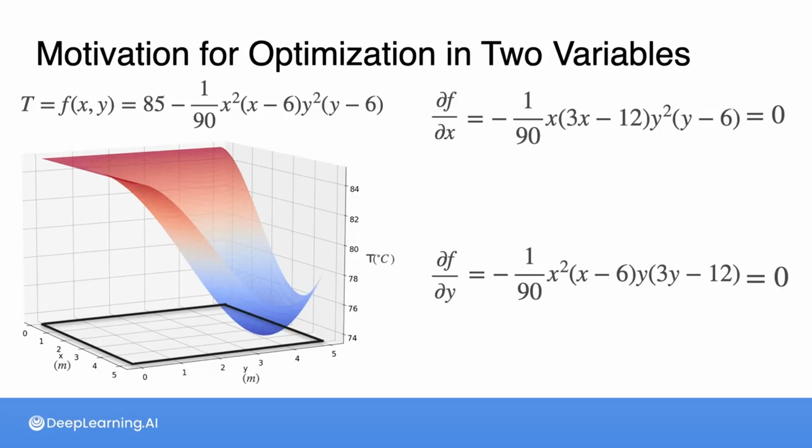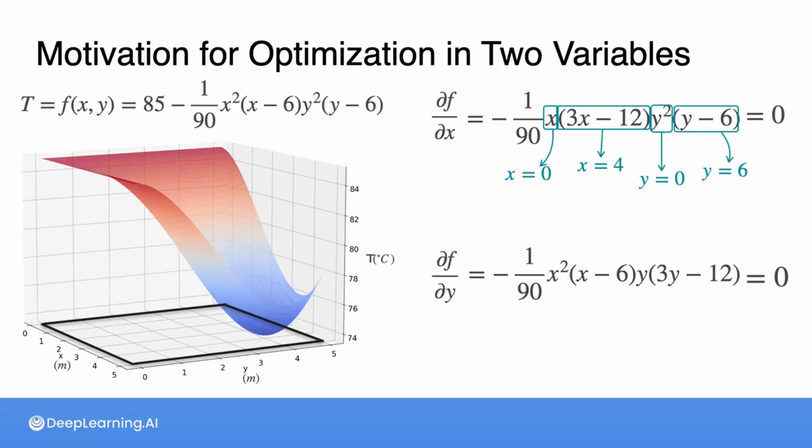Take a look at ∂f/∂x. It's a product of several things. And for a product of several things to be 0, one of them at least has to be 0. So the possibilities here are that x is equal to 0, or that 3x minus 12 is equal to 0, in which case x is equal to 4, or that y squared is equal to 0, in which case y is equal to 0, or that y minus 6 is equal to 0, in which case y equals 6.